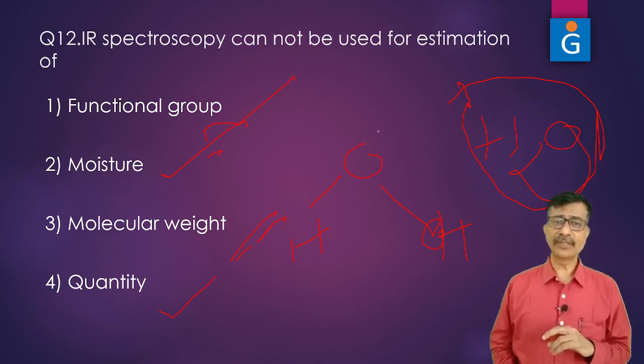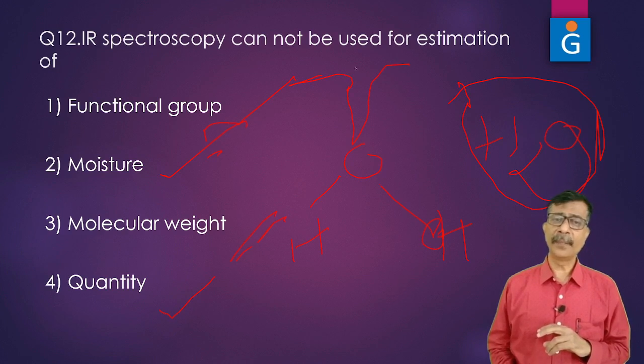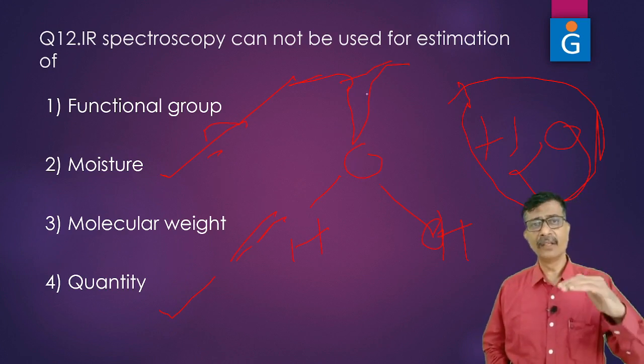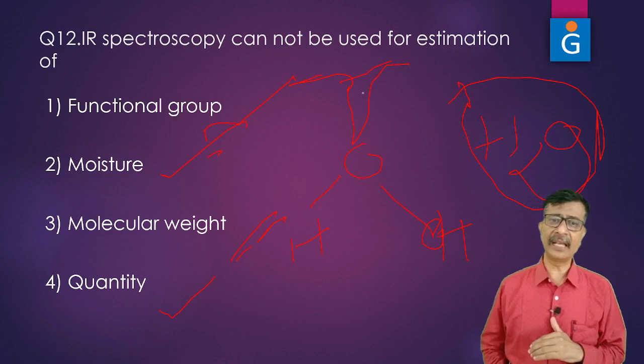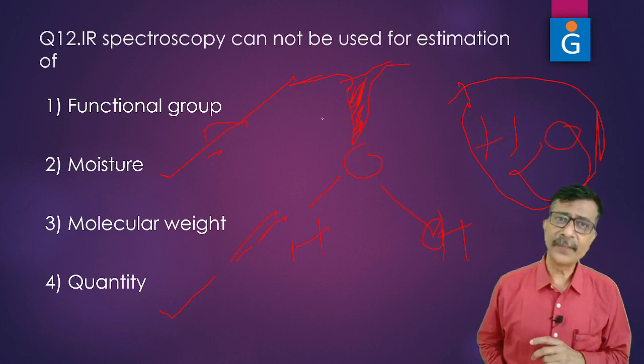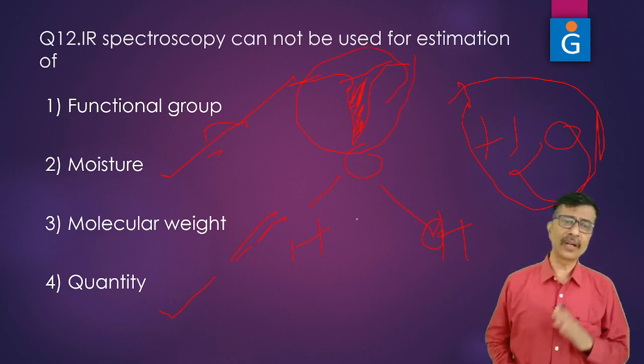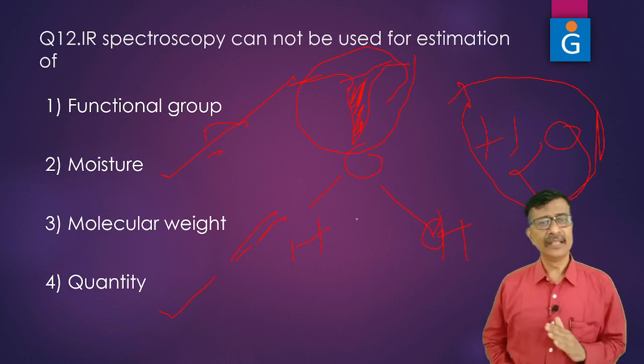Like we have seen, a carbonyl group shows a carbonyl peak, and if we prepare standard solutions of a compound containing a carbonyl group and increase the concentration of that absorbing species, the area under this carbonyl peak will increase, and this area will correspond to the amount of absorbing species. So this principle can be used for quantitative estimation in IR spectroscopy.